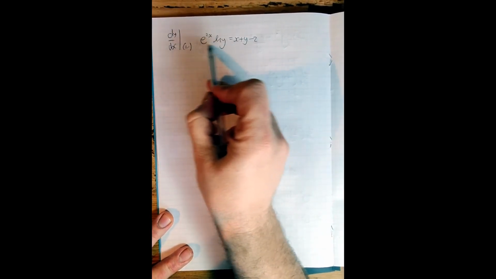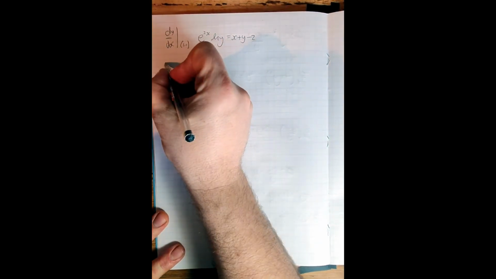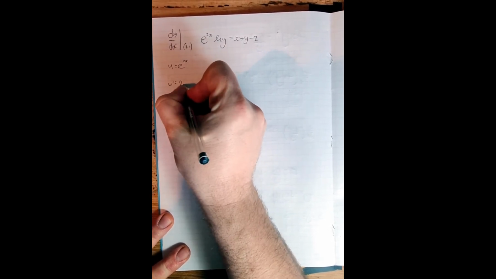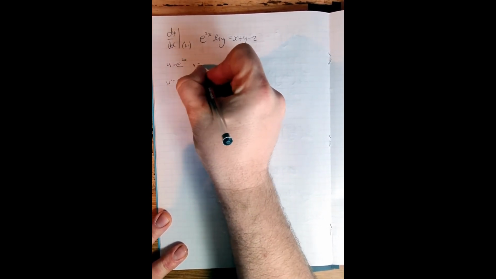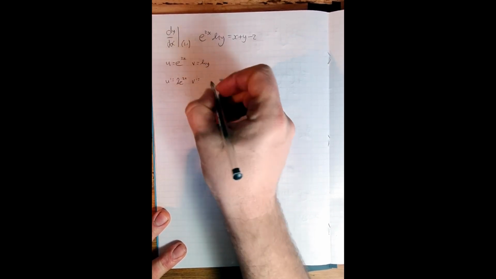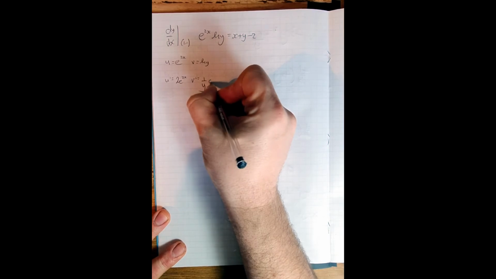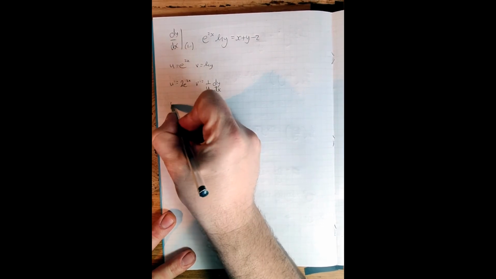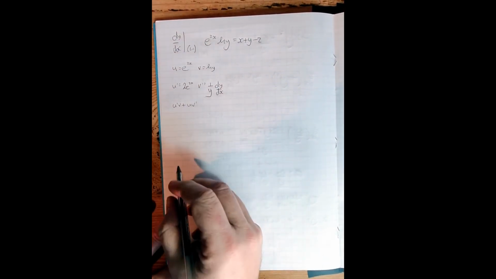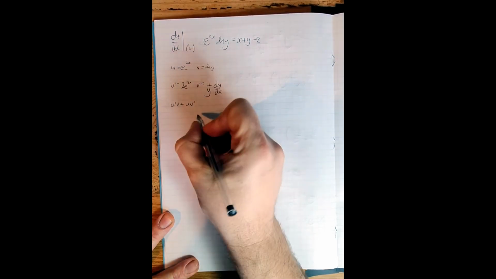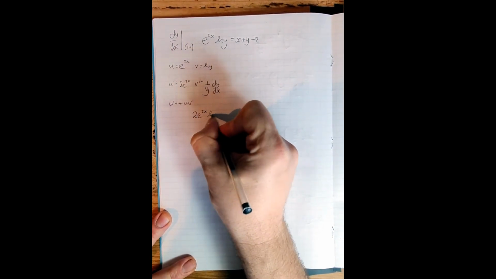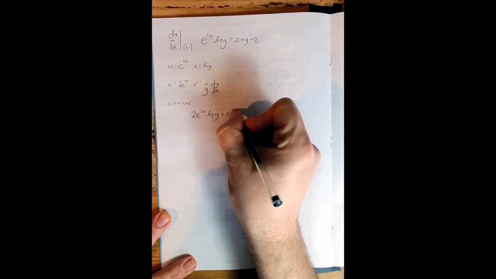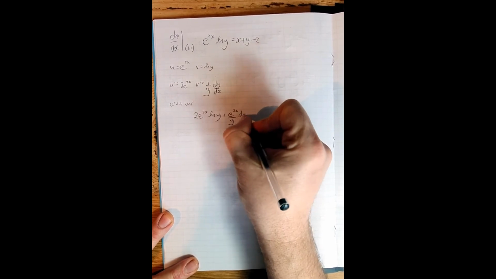So e to the 2x log y, we can see straight away that's a product rule, so let's set my u is e to the 2x, u dash is 2e to the 2x, v is log y, remember log differentiates to 1 over y dy dx, and my product rule is u dash v plus uv dash, so 2e to the 2x log y plus e to the 2x over y dy dx.